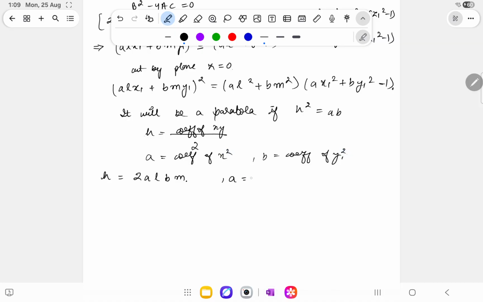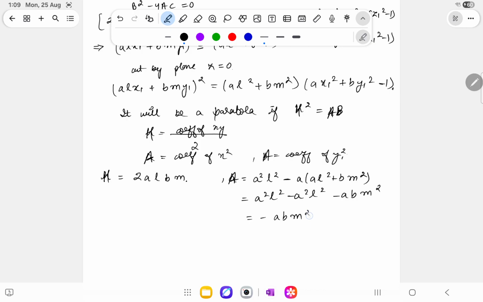Looking at the previous equation, let's write the coefficient of x square as capital A, because small a is involved in our equation as well. So my capital A is a square l square minus a into (al square plus bm square). If I simplify it, I'll get a square l square minus a square l square minus abm square, which equals minus abm square.